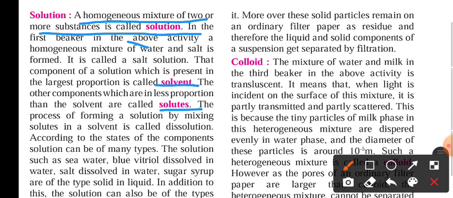Now if you remember, when I was talking about water and salt, the larger quantity we have is called the solvent, and the smaller portion we have is called the solute. So water, the larger portion, will be called the solvent in this case, and the salt will be called the solute.